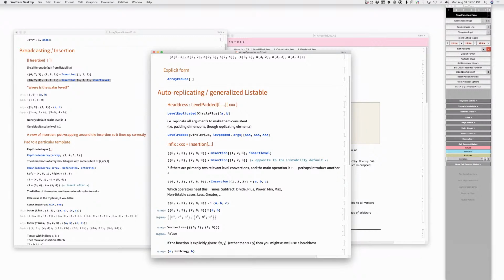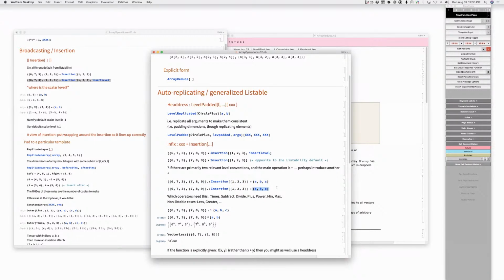So, the question is, for example, if you had 2 insertions in here, what would it do? In other words, it gets quite messy, because in this case, let's say we had another insertion of the same form.